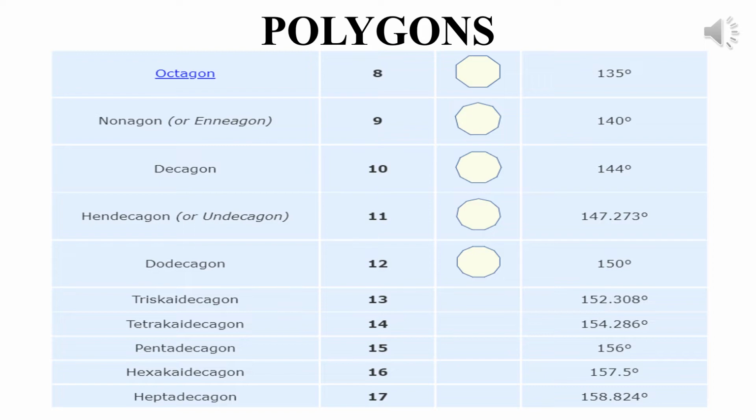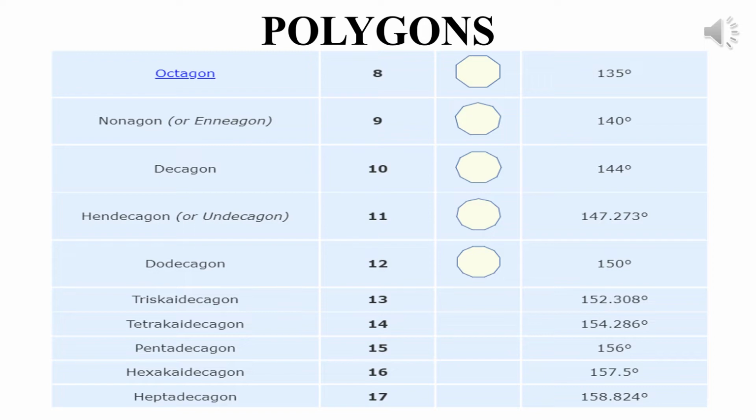Triskaidekagon has 13 sides, interior angle is 152.308 degrees. Tetrakaidekagon has 14 sides, interior angle is 154.286 degrees. Pentadecagon has 15 sides, interior angle is 156 degrees.